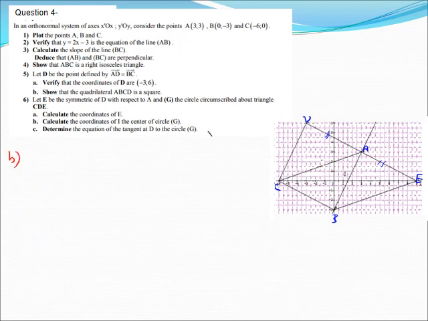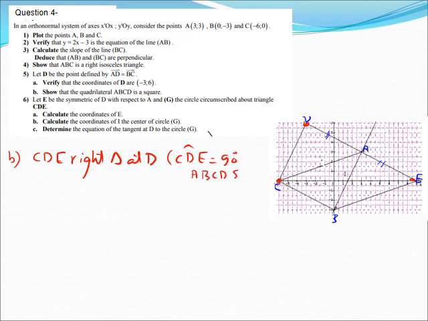B. Calculate the coordinate of I. I is the center of the circle circumscribed about triangle CDE. CDE is a right triangle at D, since angle CDE equal 90 degrees, as ABCD is a square.